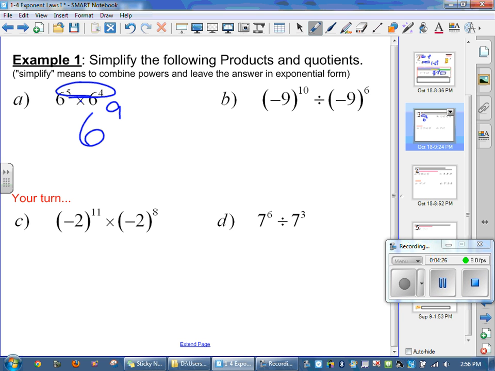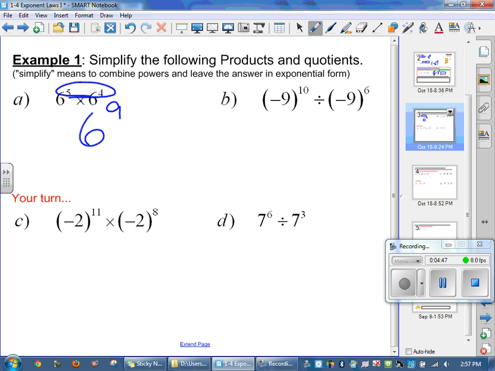That is considered to be simplified in exponential form, meaning I have it still with an exponent showing. Now, if I wanted the answer, I would say evaluate or simplify completely. If it says simplify completely, it means now take the answer. So you would go 6 exponent 9 equals. Okay, it's a very big number, yes.